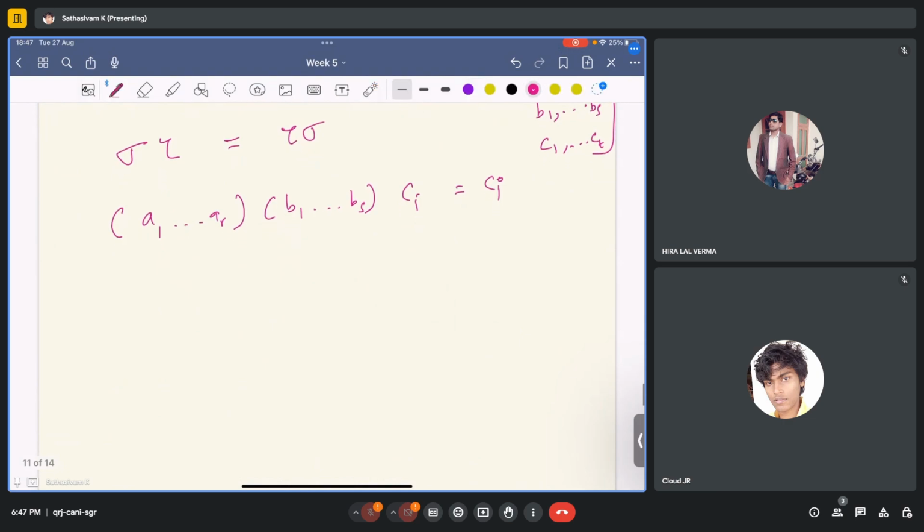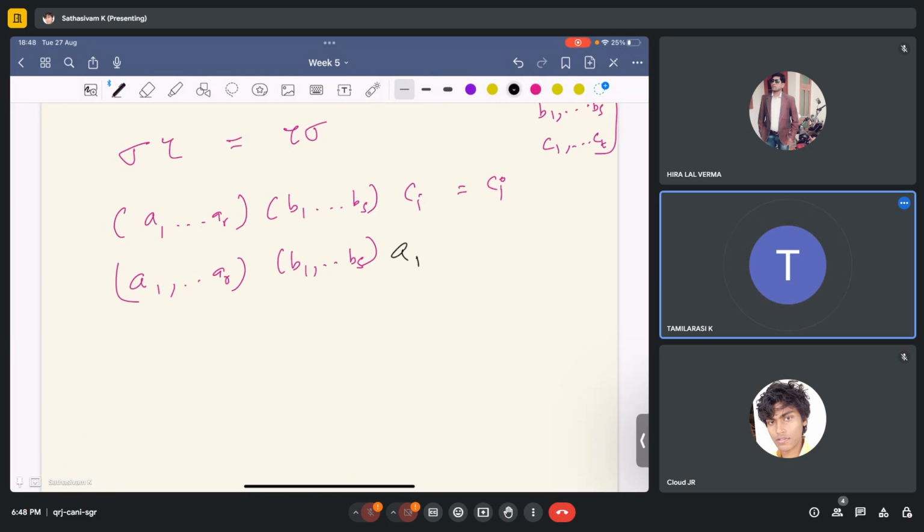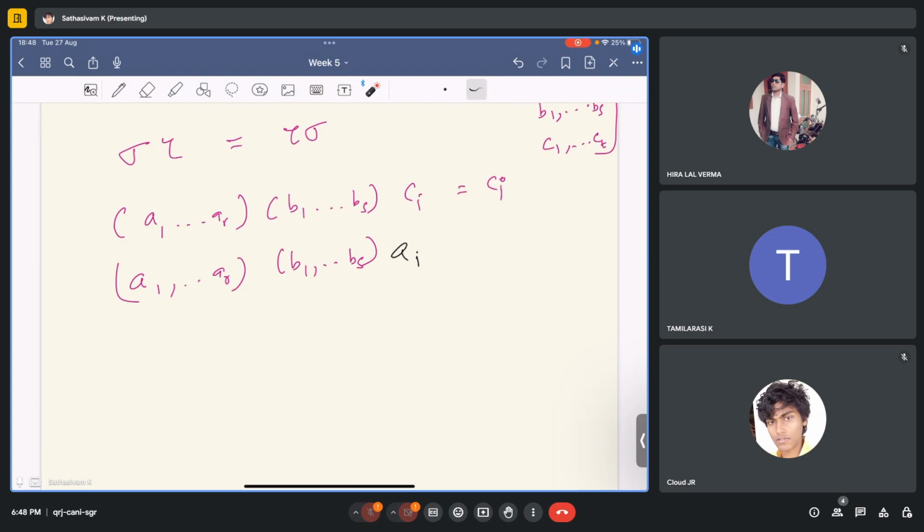Okay. So now let's say you look at what happens if we have A1 to AR and B1 to BS. What happens if you write AI? It will actually be AI plus 1 or something. See here you observe there is no AI in this set because these two sets are disjoint.